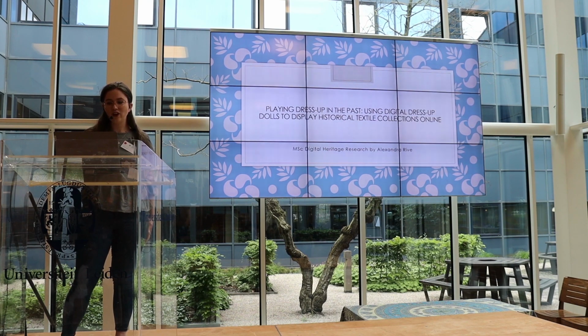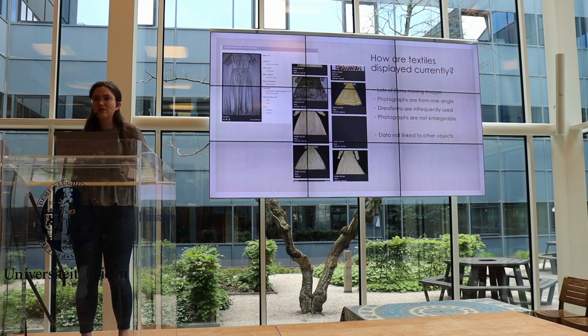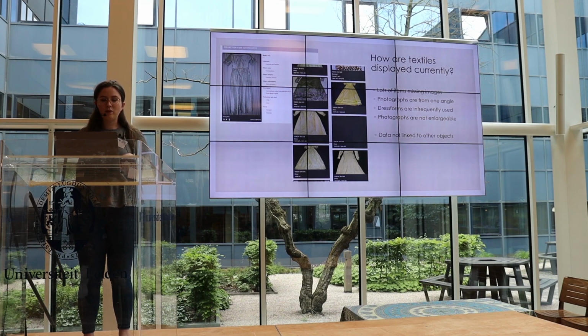So starting with the context for this research, I was looking at how textiles are currently displayed. A study in 2007 by Sasky found that with textile collections and costuming, a lot of the items are actually missing images.